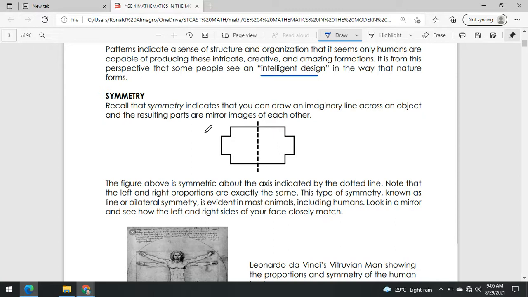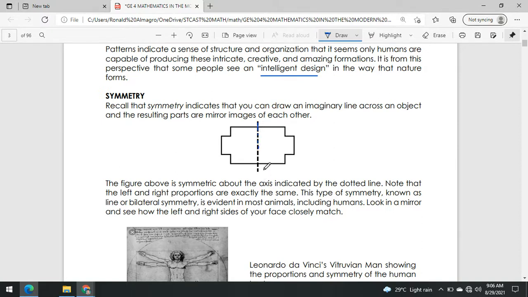Now the symmetry. Recall that symmetry indicates that you can draw an imaginary line across an object, and the resulting parts are mirror images of each other. So this is the best example of a pattern, by drawing the imaginary line.